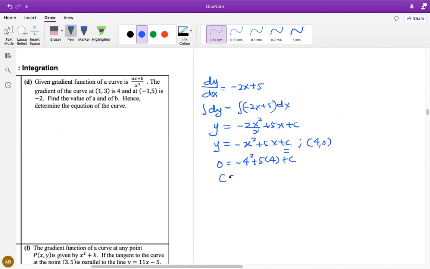Therefore c is -16 plus 20, which is 4, but you move the 4 to the left-hand side, you get -4. Therefore our equation of the curve is y equals -x squared + 5x - 4.